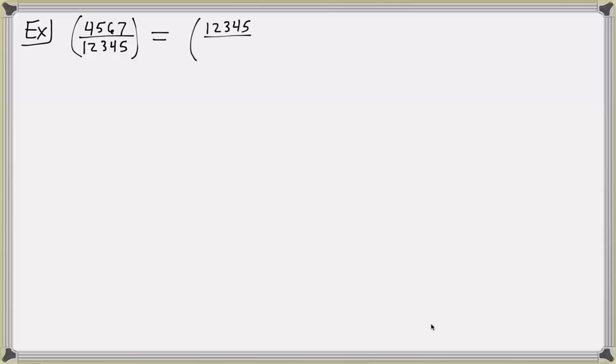This is equal to 12,345 over 4,567. This is by property 6. Now I can reduce mod 4,567 to get 3,211. This is by property 1.